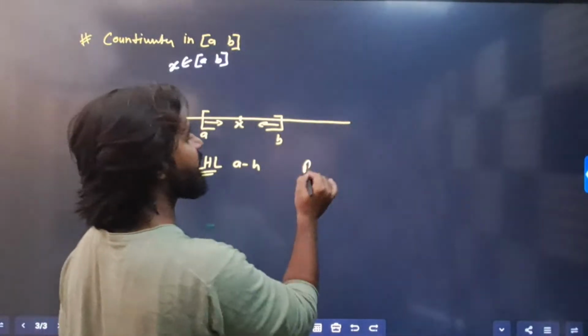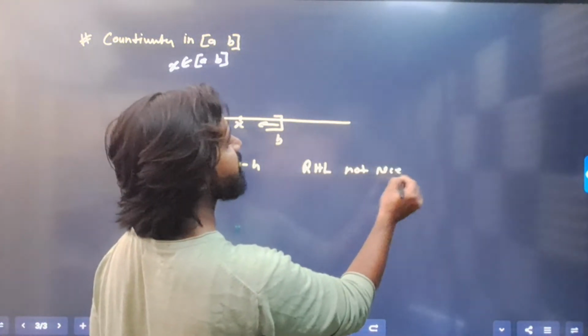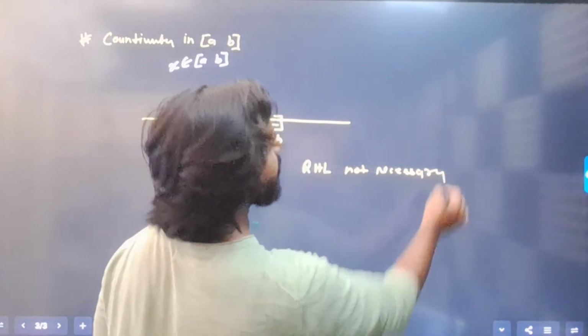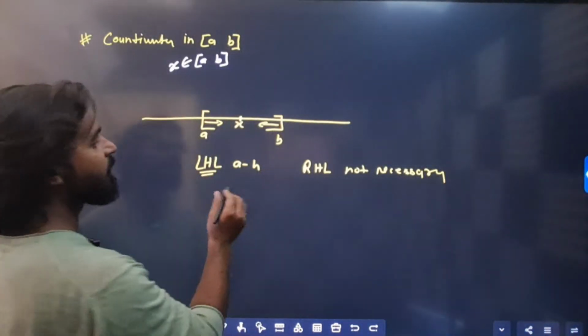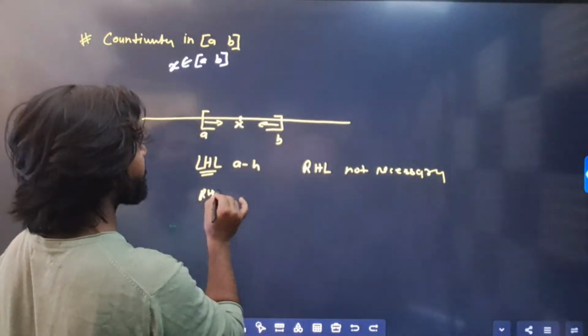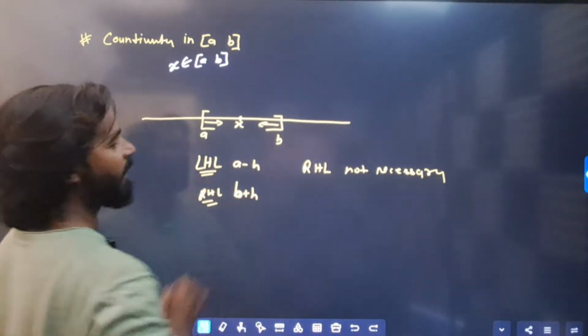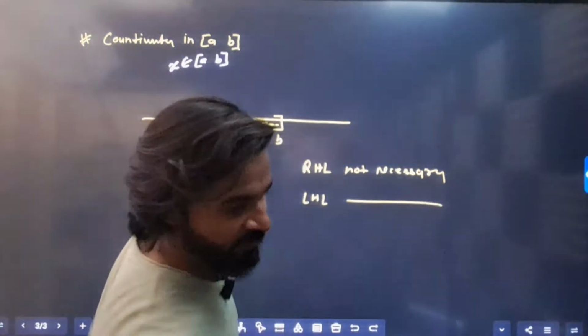RHL is not necessary. Same thing, you come from the right to the point, so RHL means b plus h. It means LHL is not necessary.